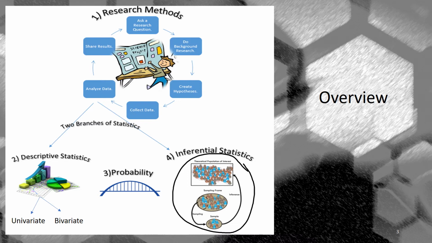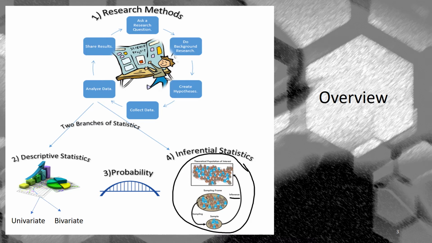And then we randomly pick, or we might not randomly pick, it might just be a convenience sample, some people, and that makes our sample. And from that sample, we want to make an inference about the population, but we only have sample data. And we're going to use probability to help us make kind of educated guesses about our population of interest with just a smaller sample.